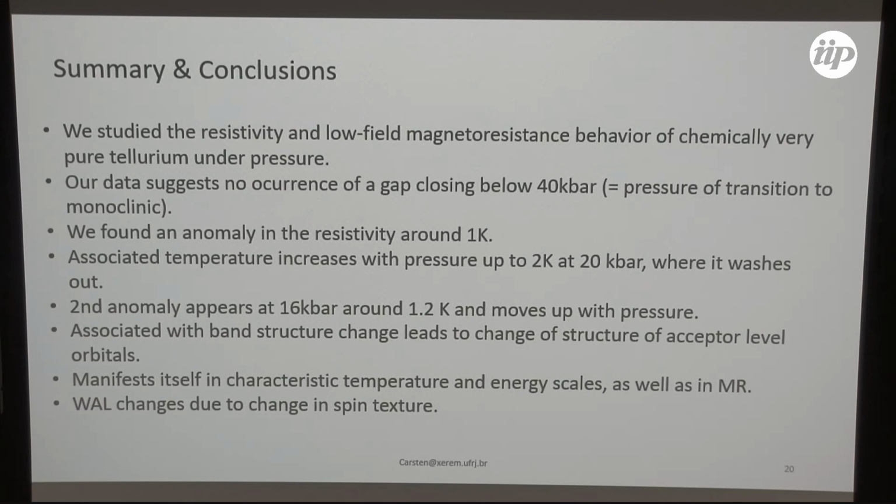And we found this anomaly, which shifts up with pressure, and a second anomaly that appears while the other one washes out. And so this is probably associated to the change in the band structure from this double maximum to a normal band maximum, and therefore probably to the orbitals that are associated with the acceptor levels.